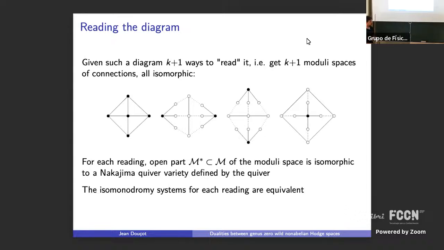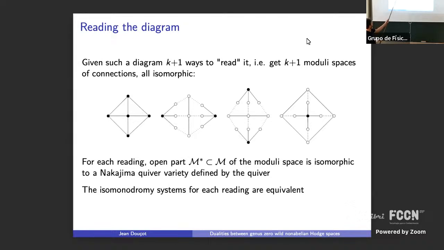The statement is that, given this data, the supernova quiver, you can reconstruct the moduli space of the connection, and not just one moduli space but k plus 1 moduli spaces, which are all isomorphic. The way to do that is that you can single out any of the k subsets, which gives you k different readings of the diagram, or you can single out none of those k subsets, which gives you one extra reading.